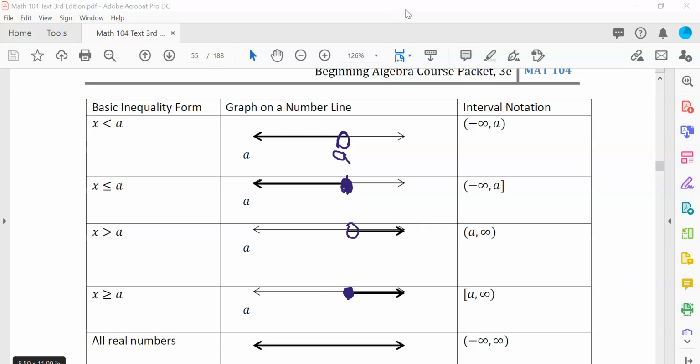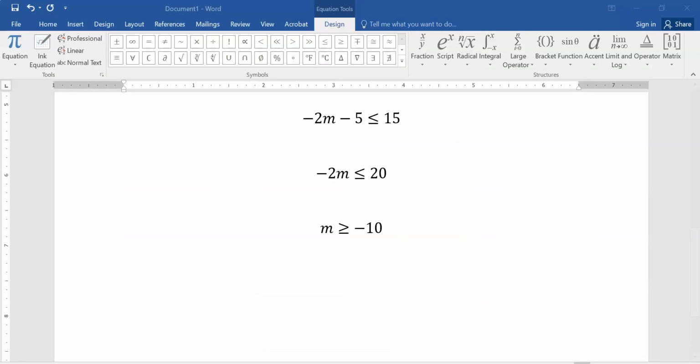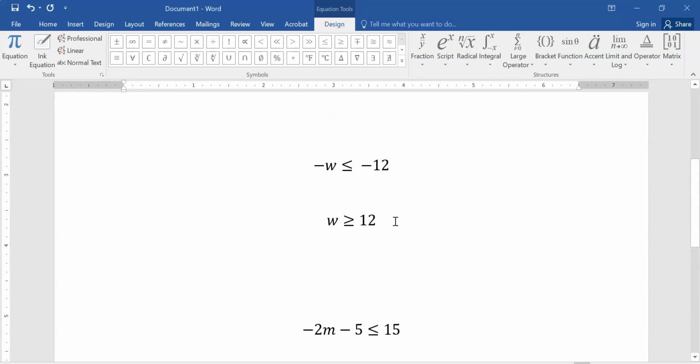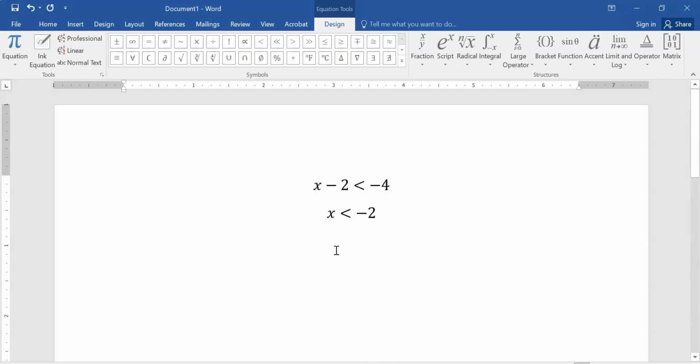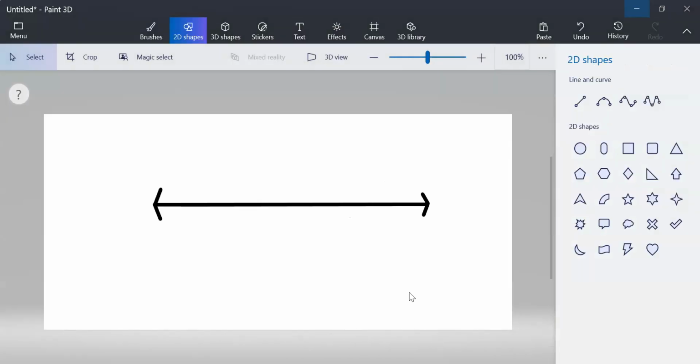Let me do an example here with number line and interval notations using the inequalities that we just solved for. So let's take this. This says x less than negative 2. So what I would do is I would go to some number line.